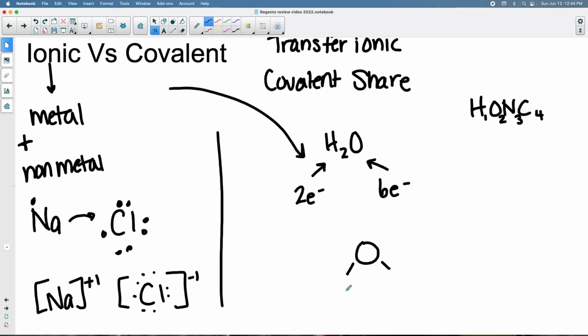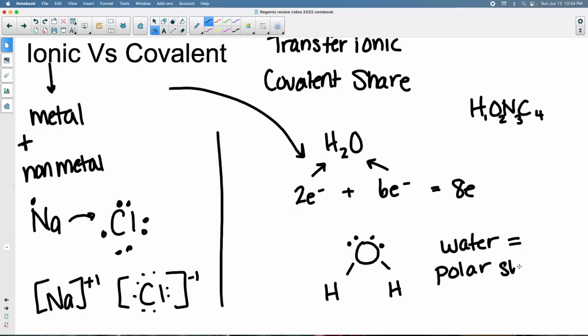Oxygen is going to make 2 bonds, 1 with each hydrogen. That is 4 of our 8 electrons. Oxygen gets 2 lone pairs. And again, in particular, water has a polar shape. It has a negative side and a positive side because it has an unequal charge distribution.